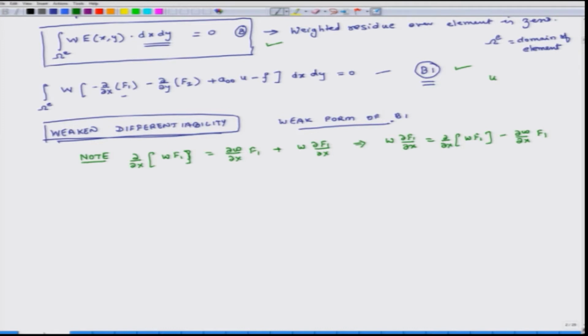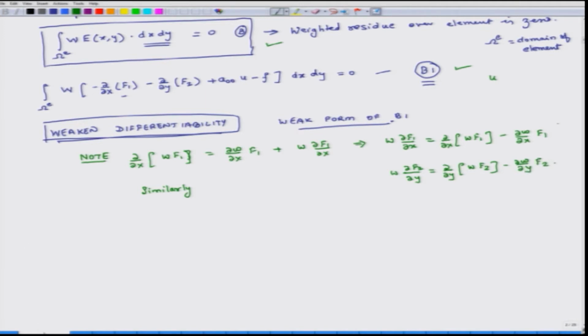And likewise, similarly, w times del f1 over del y equals del over del y of w times f2, oh excuse me, this should be: w times the partial of f2 with respect to y equals the partial with respect to y of the product of w and f2 minus del w del y times f2.